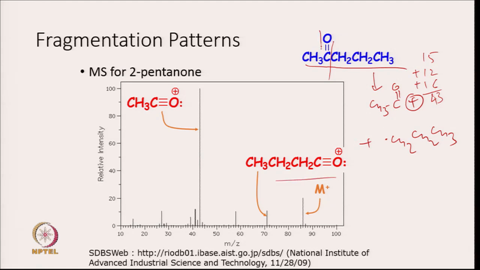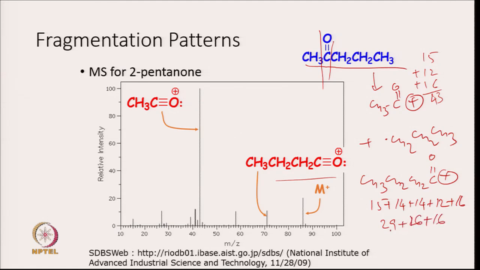If this CH3 breaks out, then you have CH3 CH2 CH2 CO plus, which is 15 plus 14 plus 14 plus 12 plus 16, giving a peak at 71.